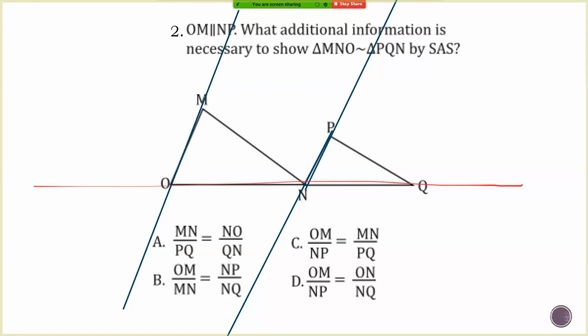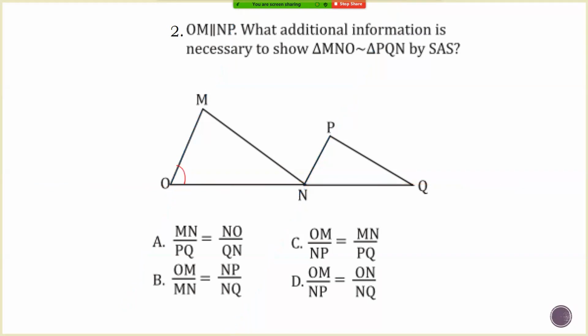Sorry, my line's not very straight. If those two parallel lines are cut by that transversal in red, you have corresponding angles here and here. Agreed? So I have the angle O is congruent to angle N, and everything I do is going to be based off of these two angles being congruent.